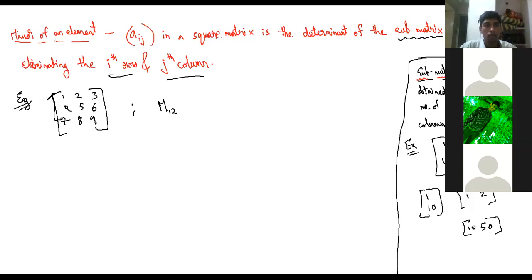We have to eliminate the first row and the second column. What is the submatrix obtained? 4, 6, 7, 9. Now we find the determinant of this, which is minus 6. So M12 equals minus 6.